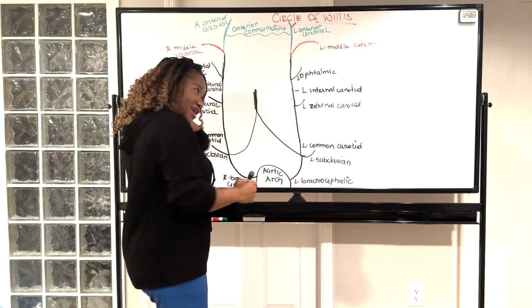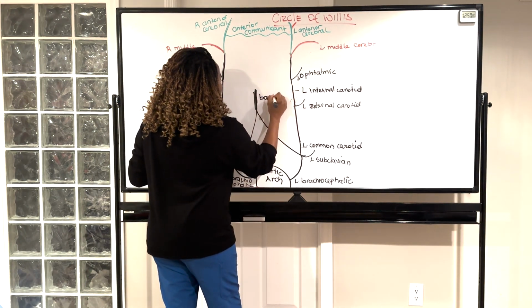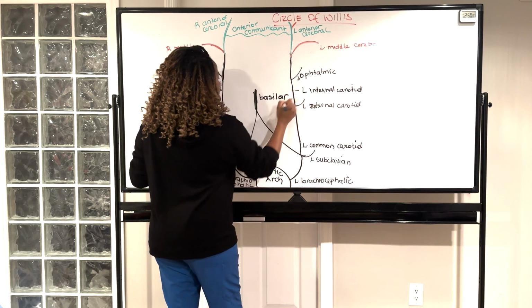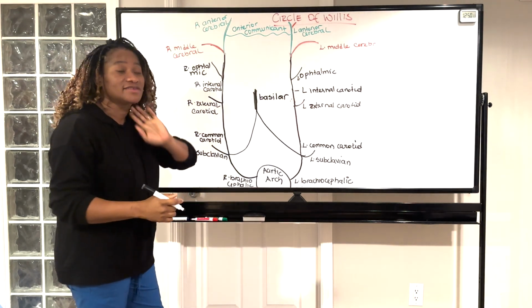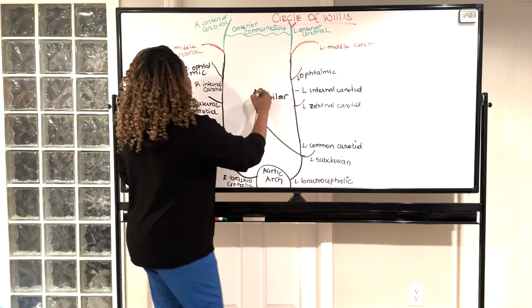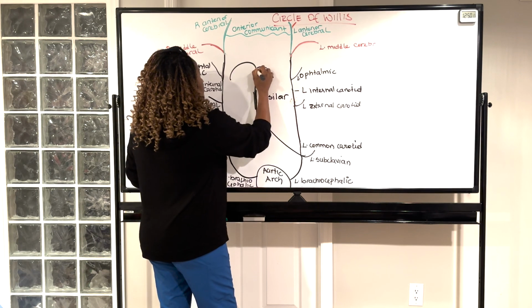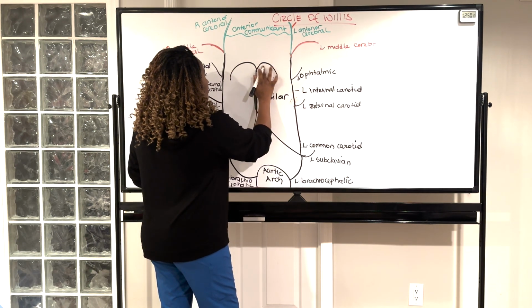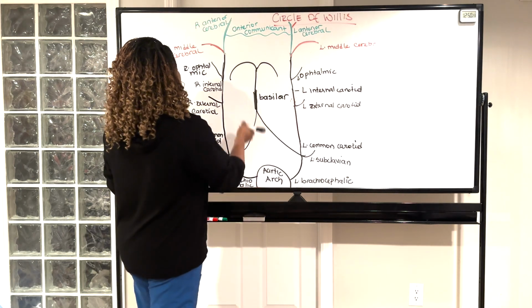Basilar artery right here at the base. So this is the basilar artery. So this trunk of basilar artery is going to divide into two arteries, and these arteries are called posterior cerebral artery on each side.